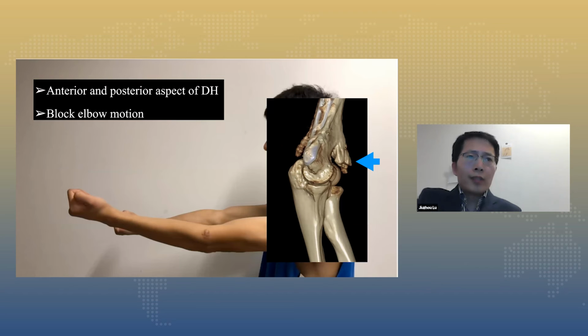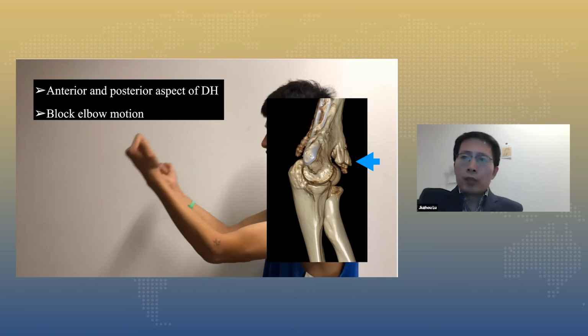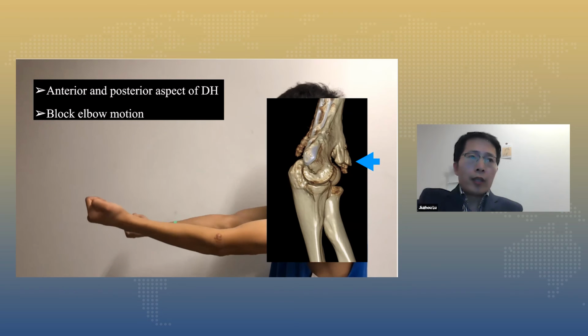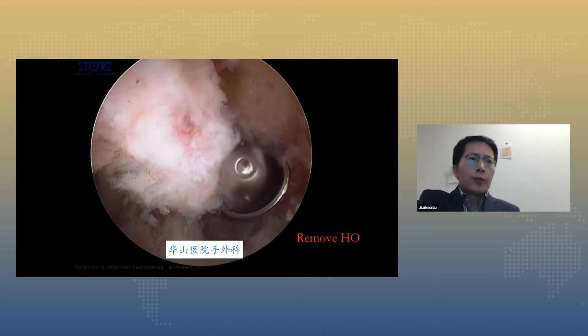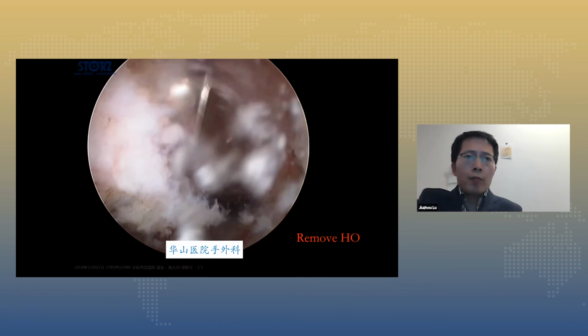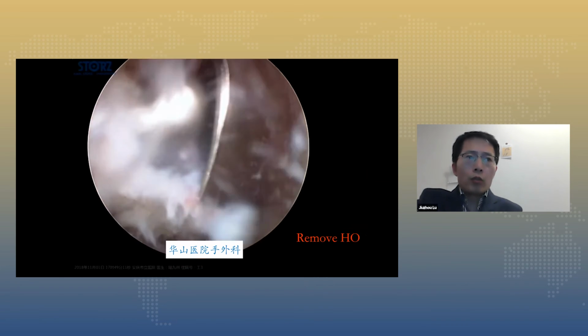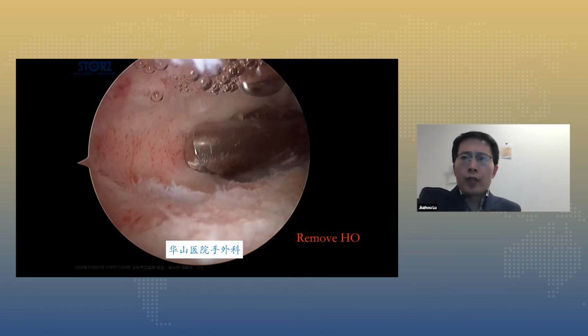For example, this is the heterotopic bone in the anterior and posterior aspect of the elbow. We can see this HO can block the elbow motion, anterior and posterior. Although this HO is not small, it can be removed under the scope because it is in a relatively safe area.